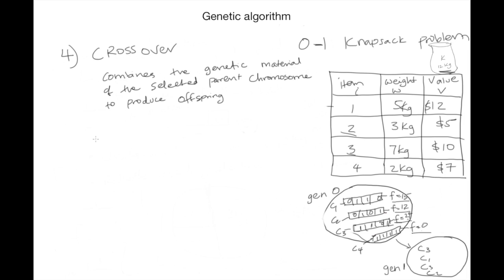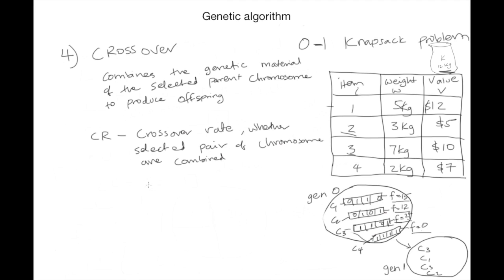It is not necessary that every individual which has been selected undergoes crossover. There is a parameter in GA called the crossover rate, which governs whether a selected pair of chromosomes mate. So crossover rate is just a probabilistic value which ranges from 0 to 1.